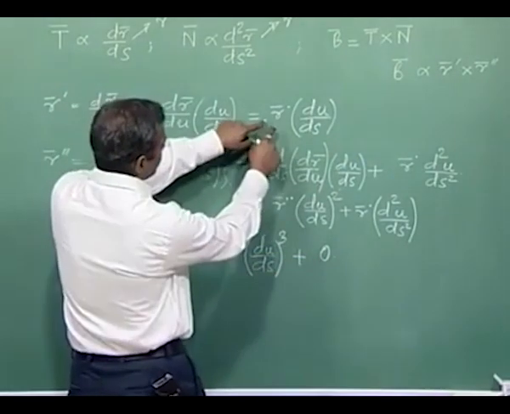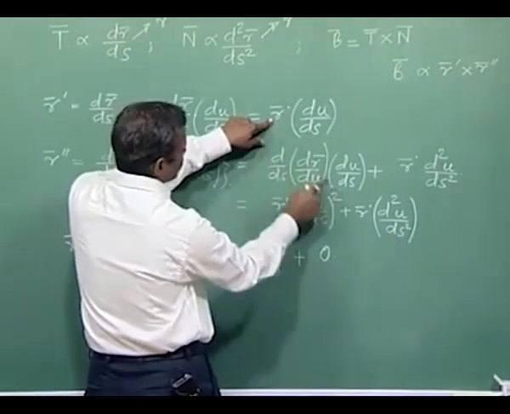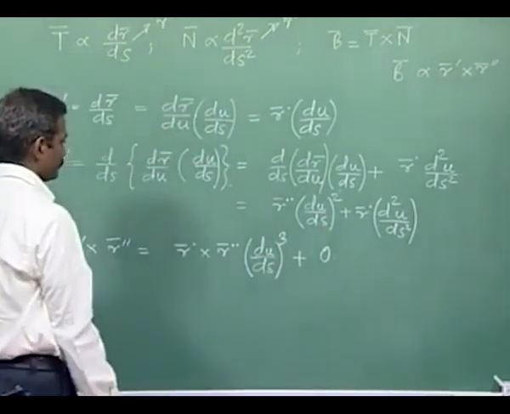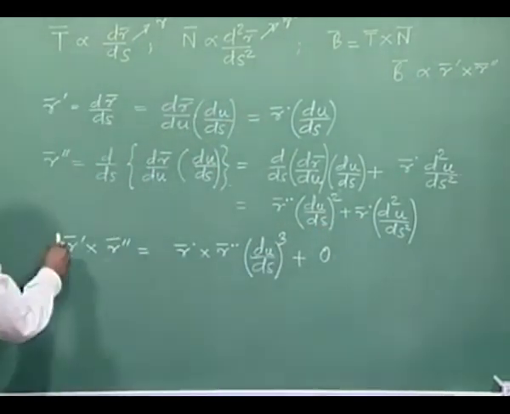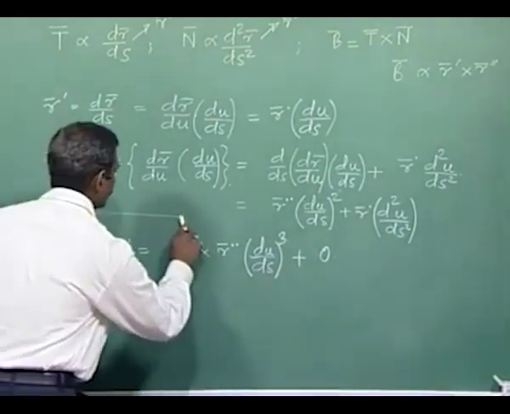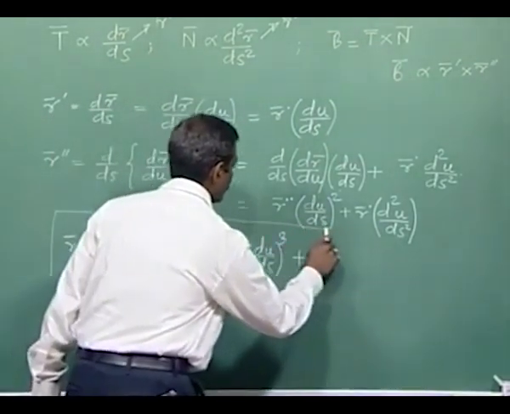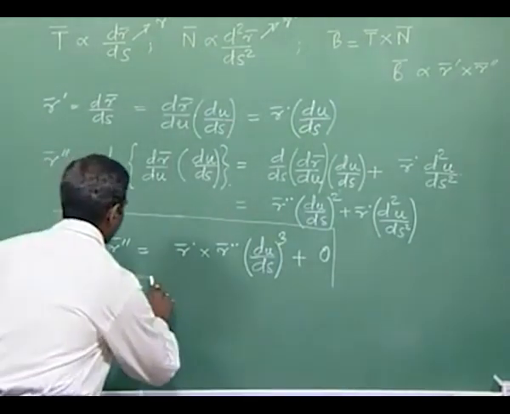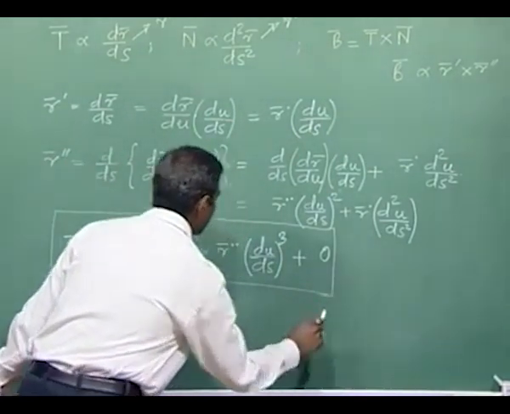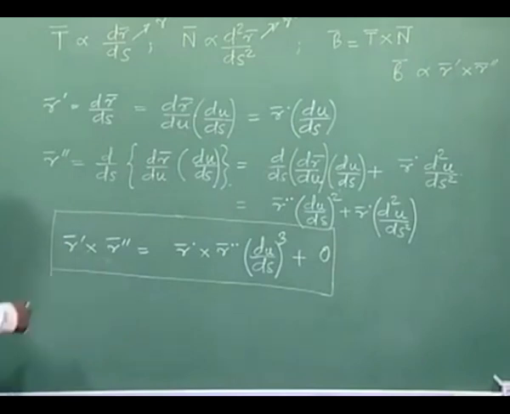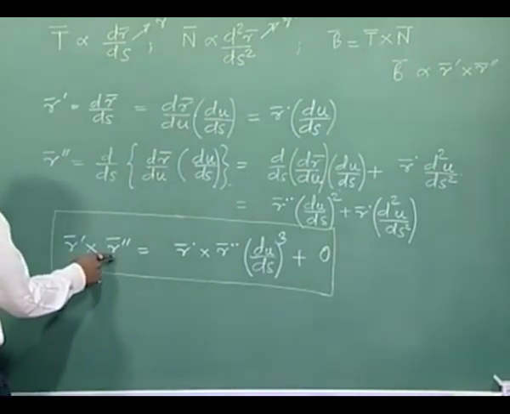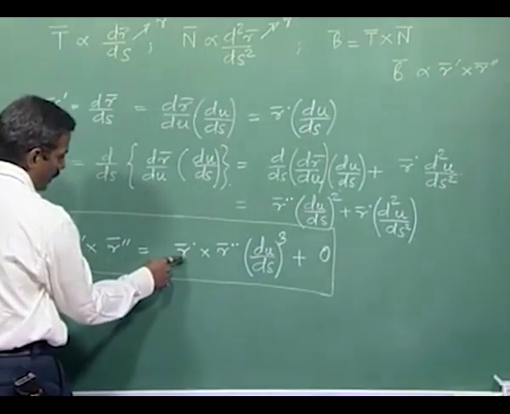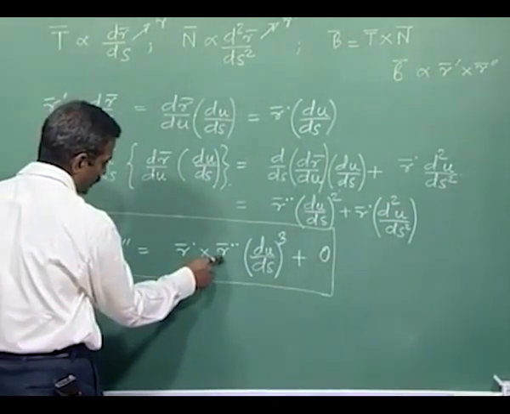Notice that r dot crossed with r dot will be 0. This expression conveys to us that the direction given by r prime crossed with r double prime is the same as the direction given by r dot crossed with r double dot.